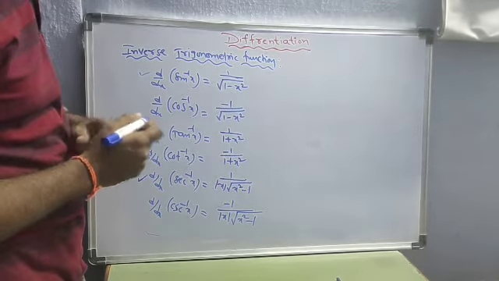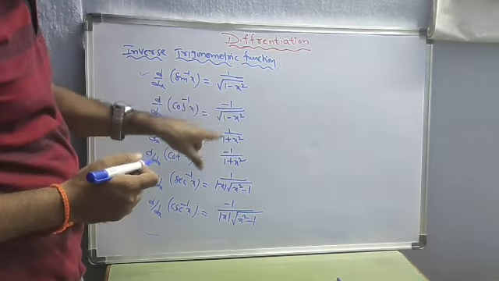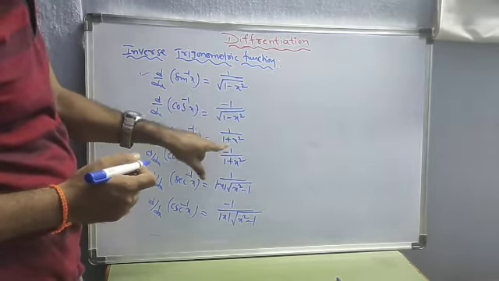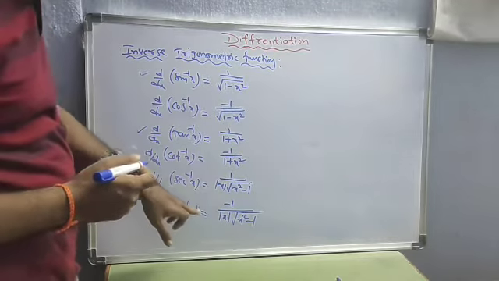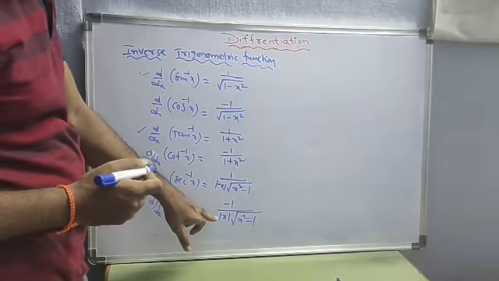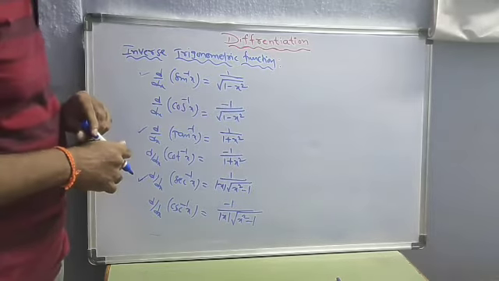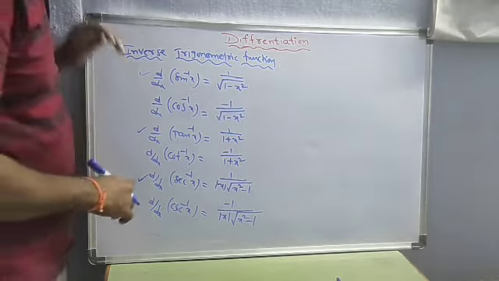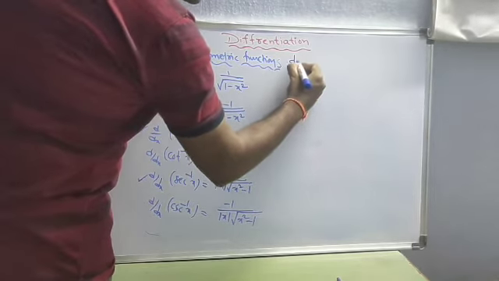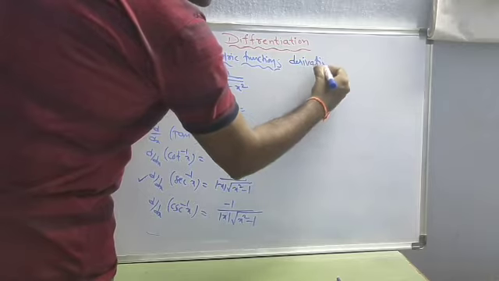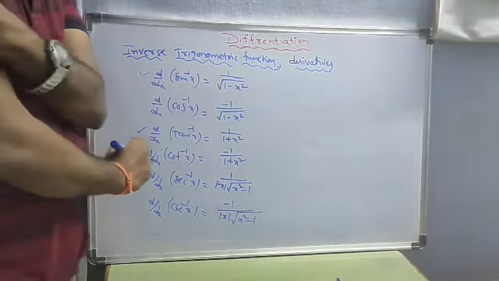For sin cos, if one value is positive, the other is negative. Same for tan cot and secant cosecant. So there is no need to memorize the remaining values. Like that you can easily understand the inverse trigonometric function derivatives. So these are the formulas.